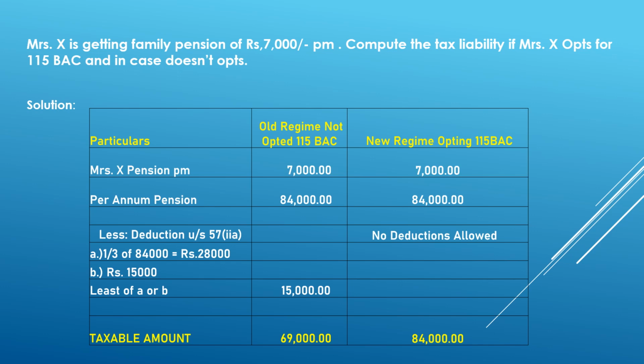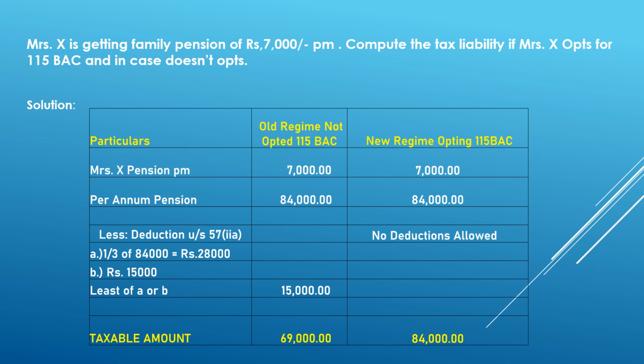Here's one more example. Mrs. X is getting a family pension of 7,000 rupees. Compute the tax liability if she's opting for the new regime or the old regime. Per month she's getting 7,000 rupees, so per annum the income is around 84,000, and as per the Act, either one third or 15,000. One third comes up to 28,000 and 15,000 is the standard deduction, so whichever is lesser, that is 15,000.